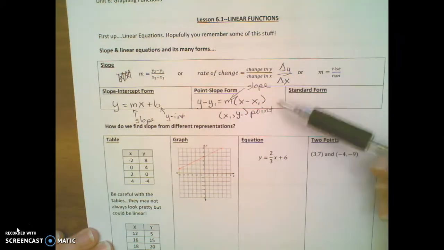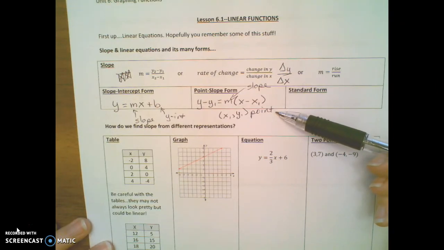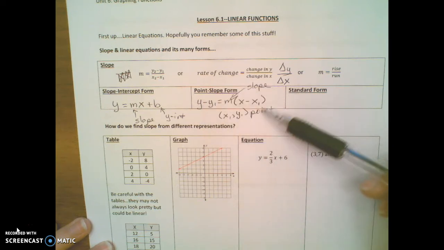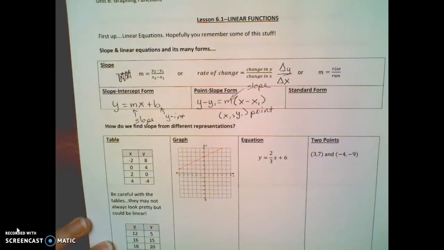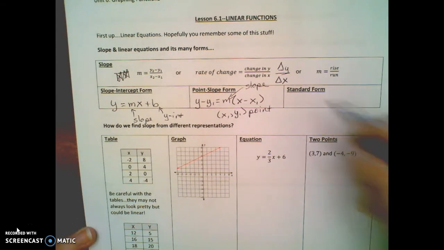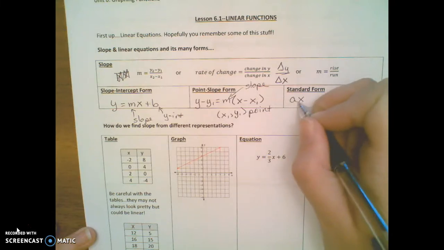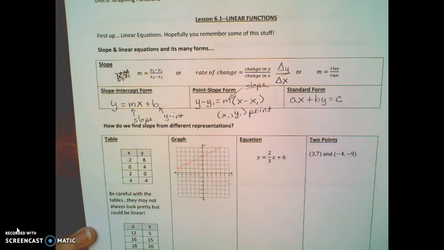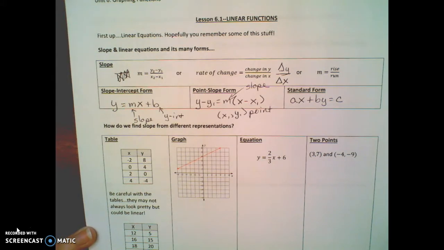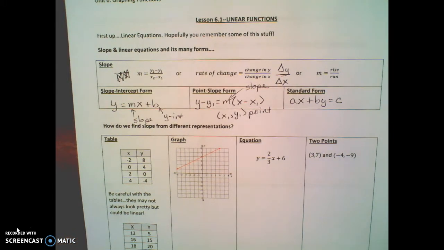Because (x1, y1) can be any point on the graph, and there are an infinite number of points on this graph, there can be an infinite number of equations in point-slope form for any given graph or relationship. Standard form is ax plus by equals c, where a, b, and c are just constants, meaning they're just numbers.